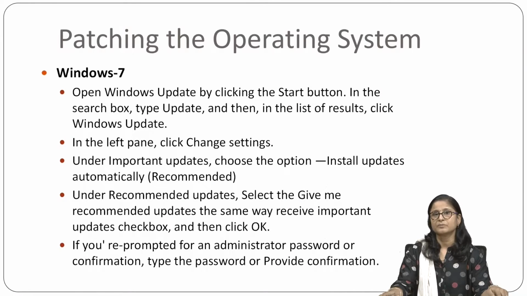If you are prompted for the administrator password or confirmation, type the password or provide the confirmation. Right? So this is the list of steps you need to follow to patch the Windows 7 operating system.